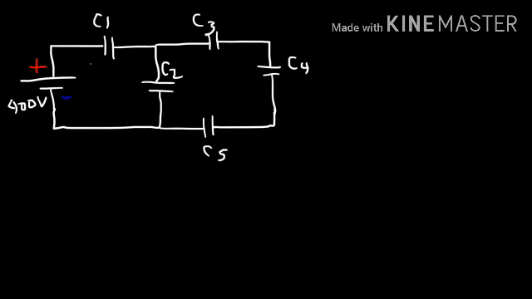So let's say that C1 is 300 microfarads, and C2 is going to be 60 microfarads. Let's make C3 200 microfarads. C4 is going to be 100, and let's make C5 100. So calculate the charge on every capacitor as well as the voltage across each capacitor.